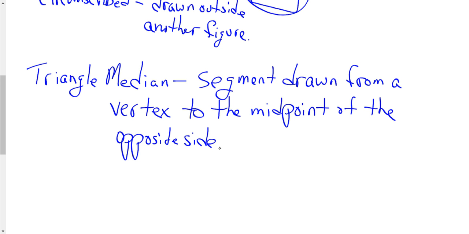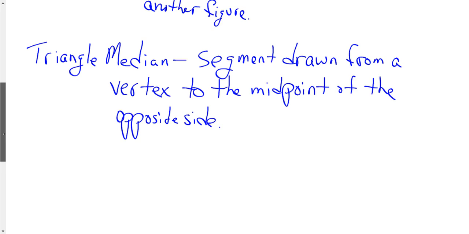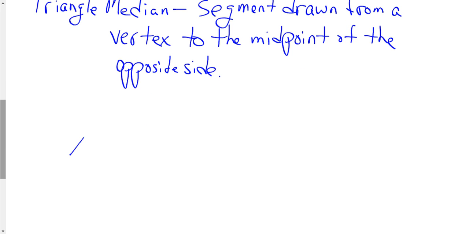So if we have a triangle like this, let's say that that's the midpoint of this side. This triangle's median would go from a vertex straight to that midpoint, and those are congruent. Not necessarily perpendicular. That was the thing we did earlier for the altitude. This is just a triangle median.